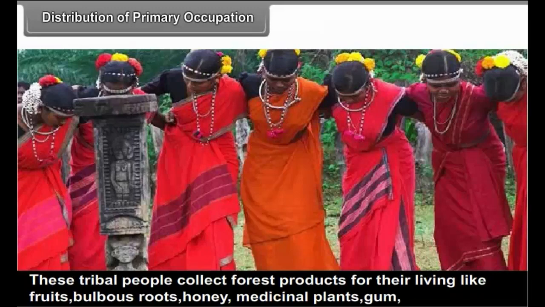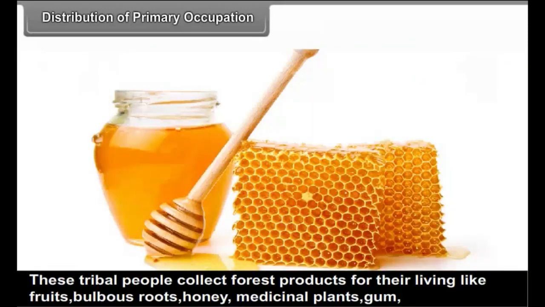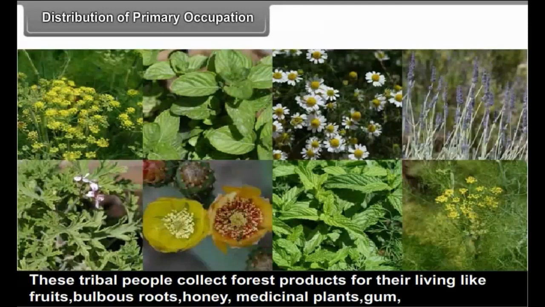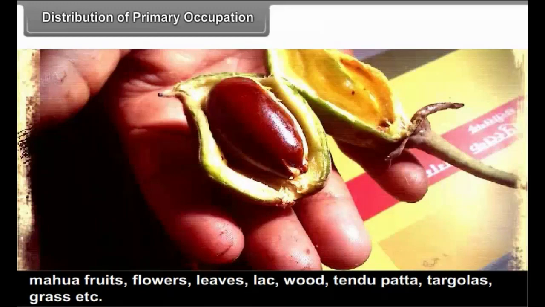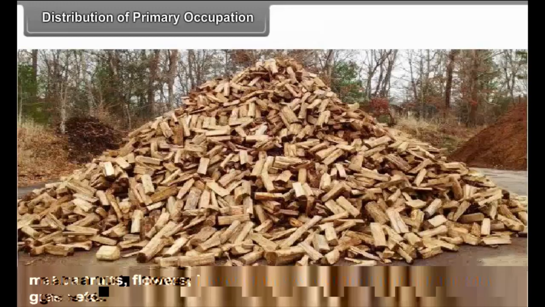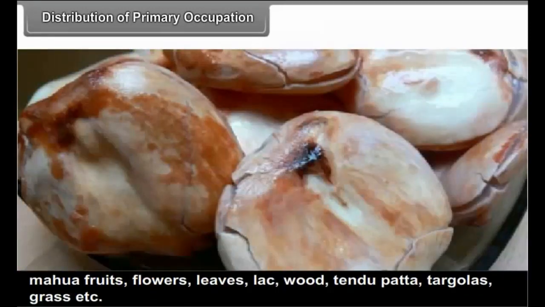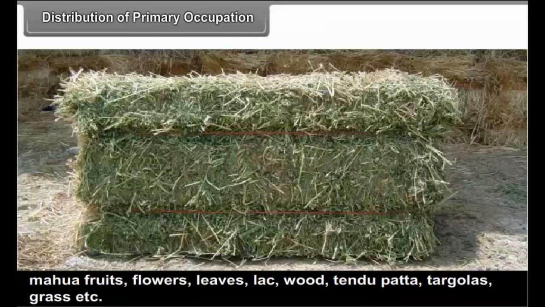These tribal people collect forest products for their living like fruits, bulbous roots, honey, medicinal plants, gum, mahua fruits, flowers, leaves, lac, wood, tendupatta, targolas, grass, etc.